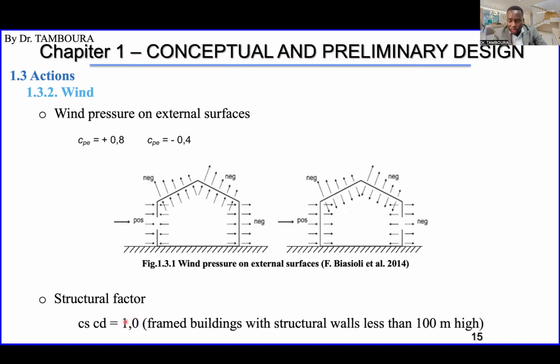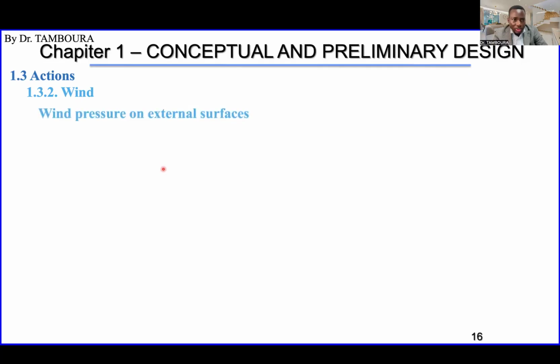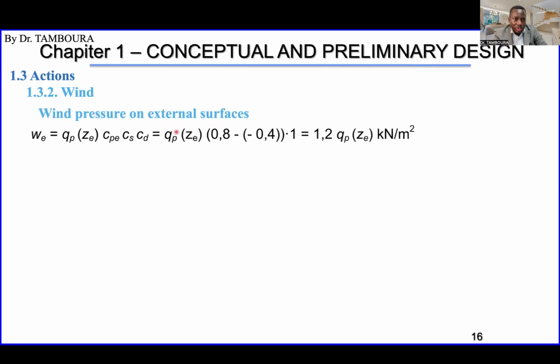It's not always 1, but in our case it is 1. So it means it's a neutral factor. These are not neutral, so you have to do 0.8 plus 0.4, because it will be minus 0.4. So then the wind pressure on the surface will be like this.